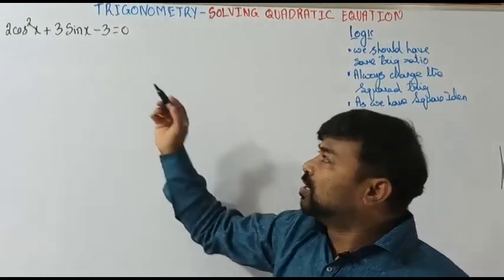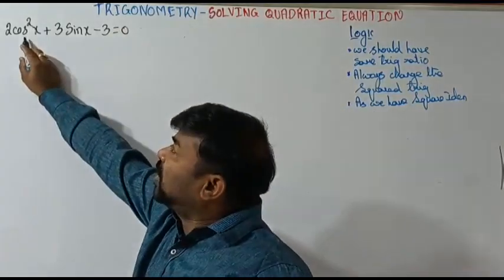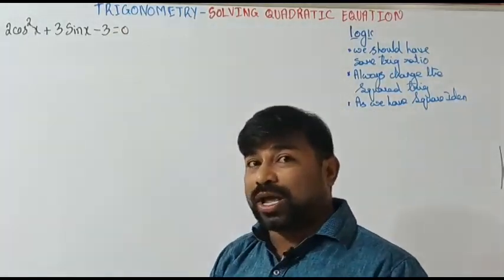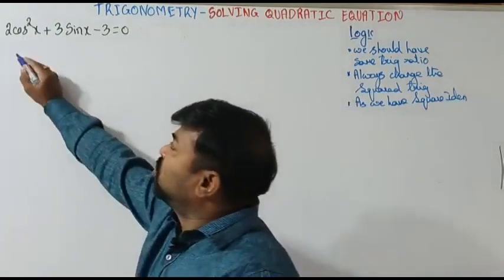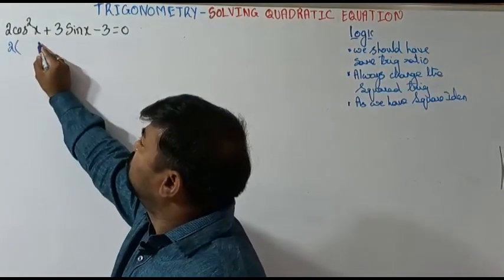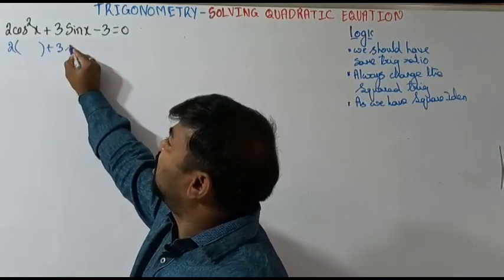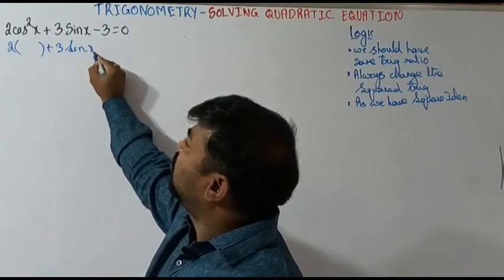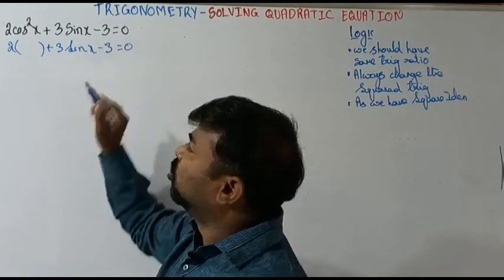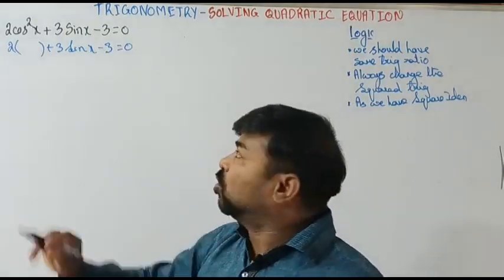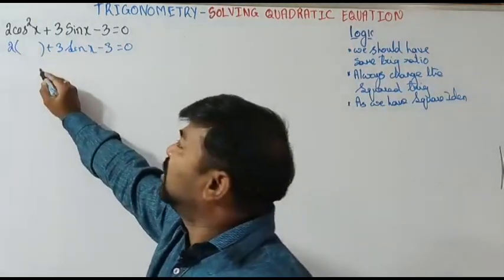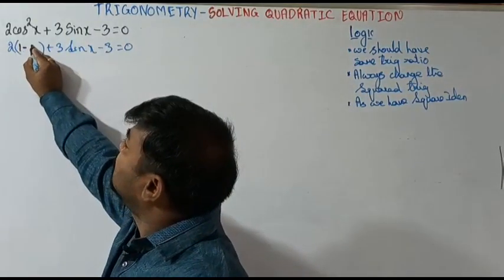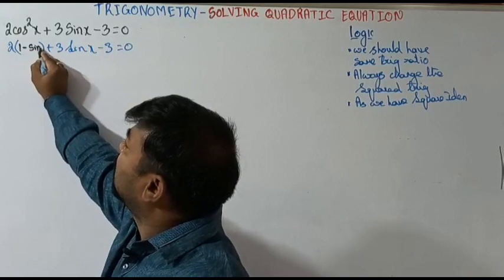So what I am doing, here what we are having, cos square. The same 2 I am taking, 2 times, plus 3 sin x minus 3 is equal to 0. But we know cos square x can be written as 1 minus sine square x.